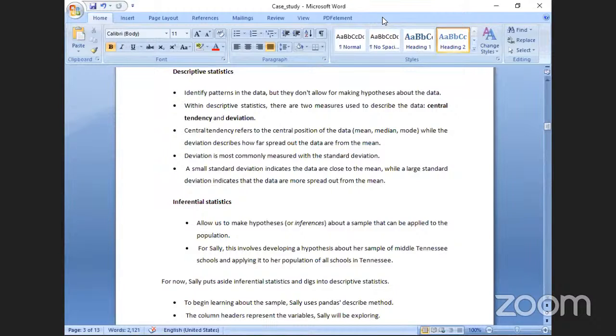This can be used to identify some patterns existing in that data, and that can be a base for making the hypothesis in the next phase. So I'm going to close the screen and move back to the program environment, and show how you can write the code for this.